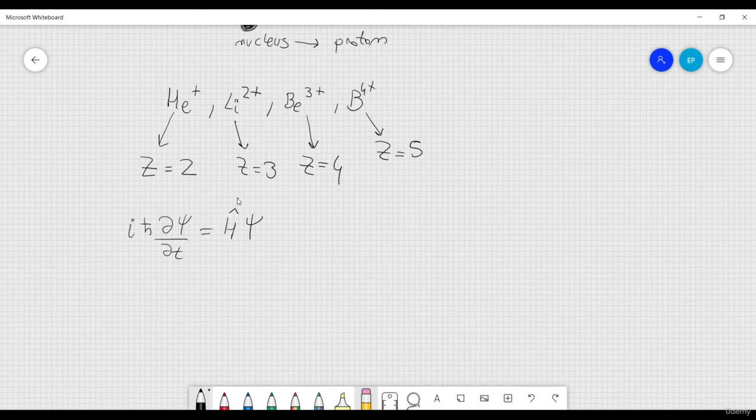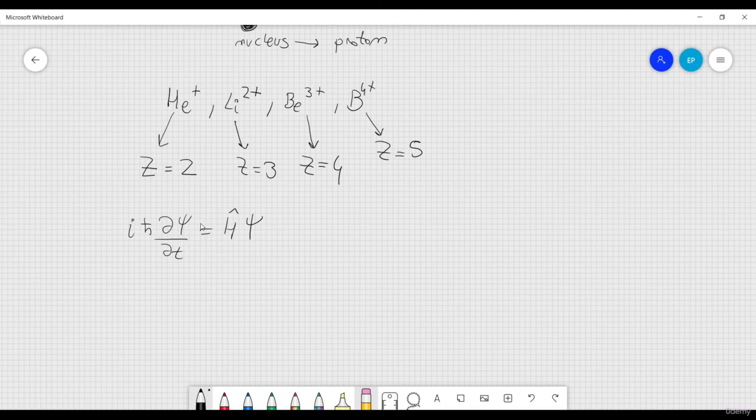And we would like to derive an expression for the Hamiltonian here and then try to work with the Schrödinger equation, and we will see that we can derive the spectrum of the energy from the Schrödinger equation. Of course, it will take some time, but this is the objective of the course.